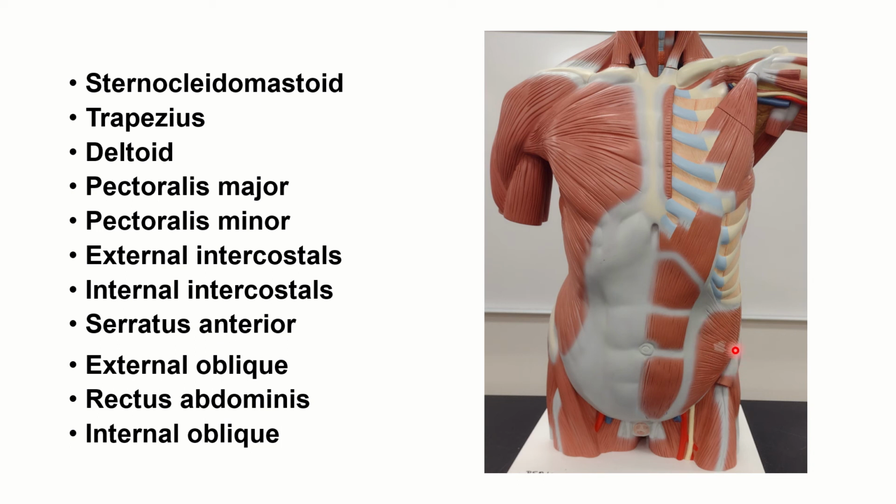External oblique is inferiorly and medially, internal oblique is inferiorly but laterally. There's also a transverse abdominis, but you cannot see it in this model, so you have to remove the abdominal muscles, it is located deeper.